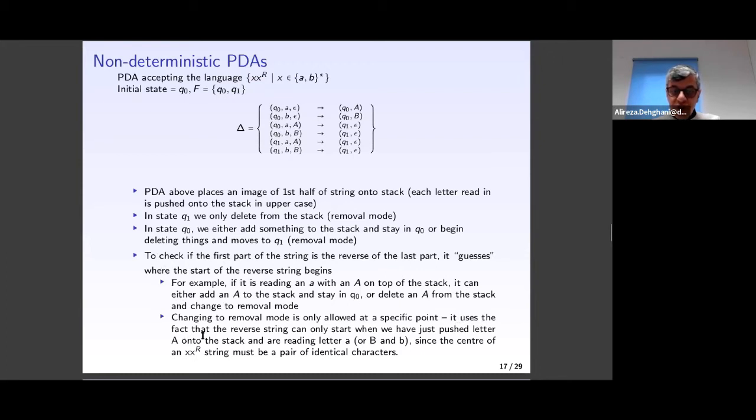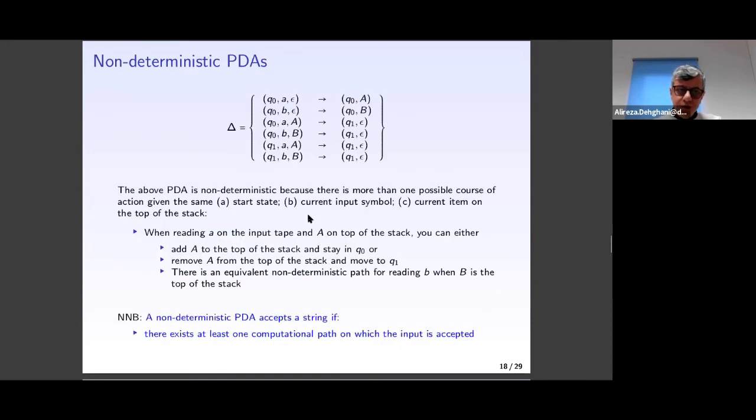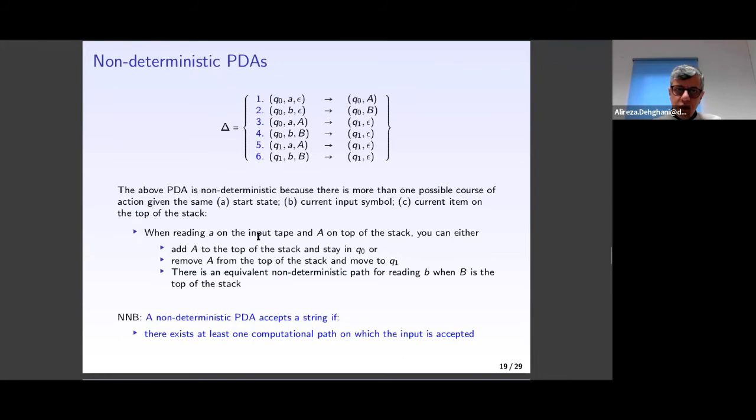It uses the fact that the reverse string can only start when we have just pushed letter A onto the stack and are reading letter A and B. Okay, so that's the whole story of this machine. The above PDA is non-deterministic because there is more than one possible definition, like we discussed. When reading A on the input tape, these things can happen. That's exactly what we discussed. I don't need to go through the stories.